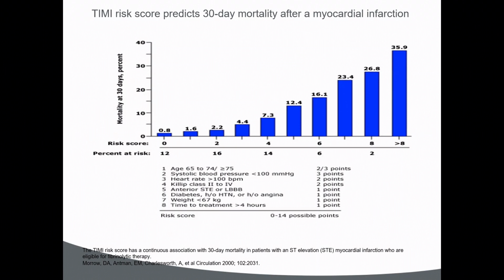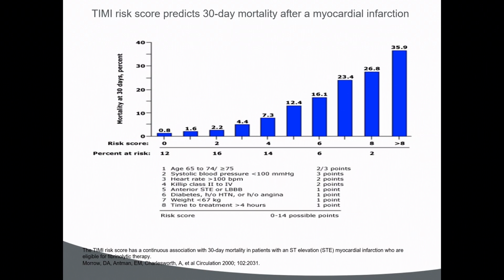This just shows using the TIMI risk score to help predict mortality. And as you can see here, with increasing TIMI risk scores going from 0 to 2 to 4 to 6 and so forth, the mortality at 30 days starts to go up quite dramatically, particularly as we hit that score of 4. You can see from a 2 to a 3, it doubles, and then from 3 to 4.